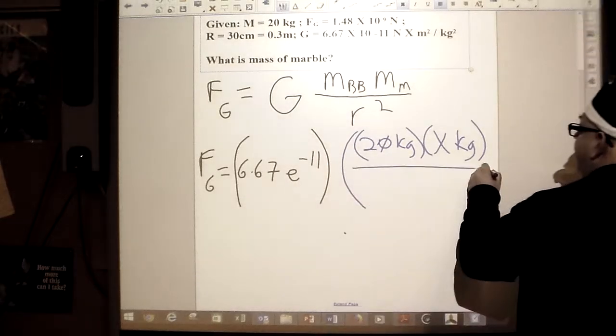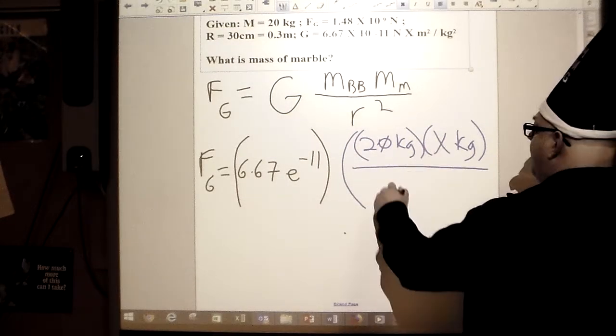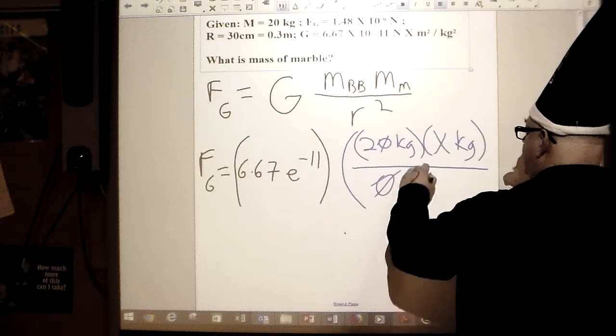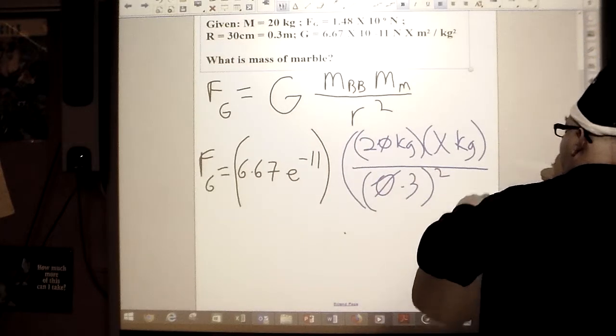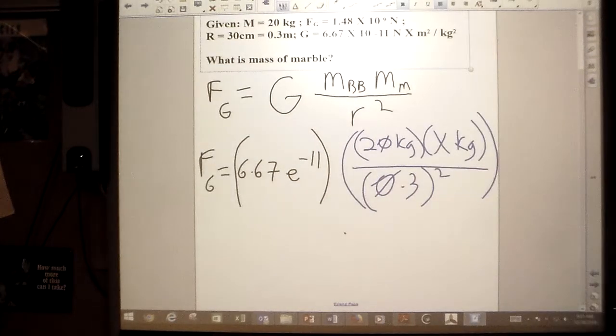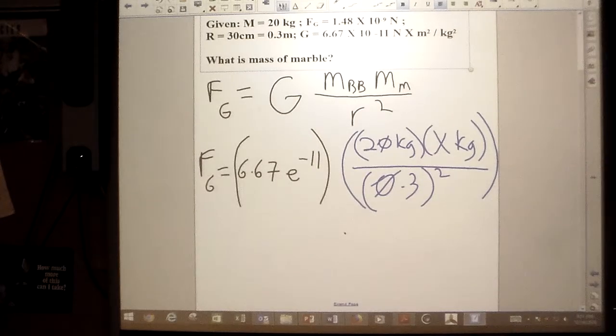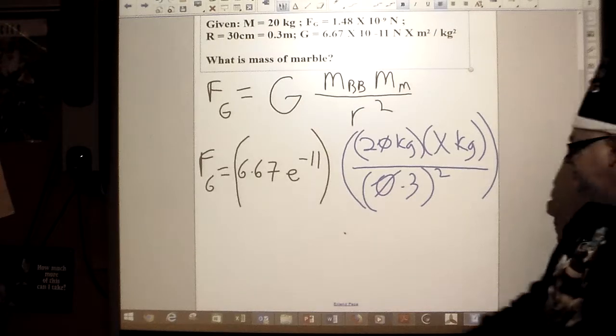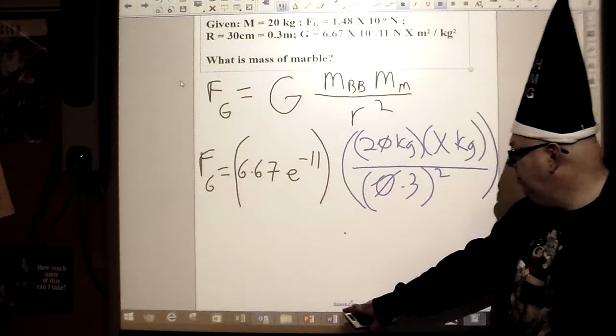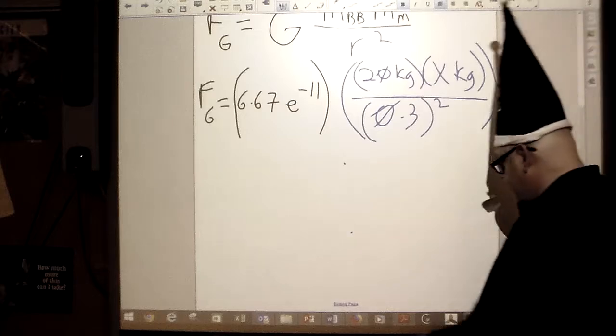And we're going to divide that by r squared, or 0.3, and we're going to square that. So this is how we set up the problem. Now we need to get x by itself. We can do that. Okay, so we've got everything all set in.